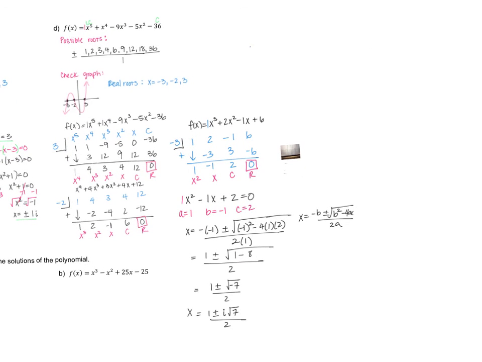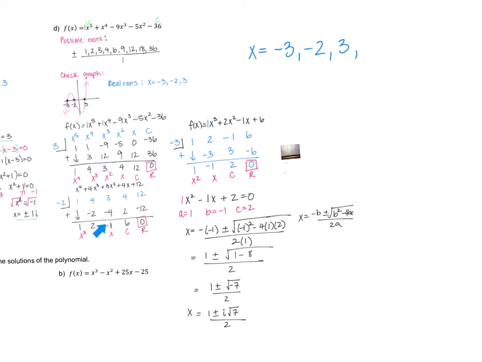So let's write out all the x's for this solution. Remember, this equation is x to the 5th power, right? So we're going to have 5 solutions, and let's list out all of them. The first 3 solutions that I found on the graph were negative 3, negative 2, and positive 3.